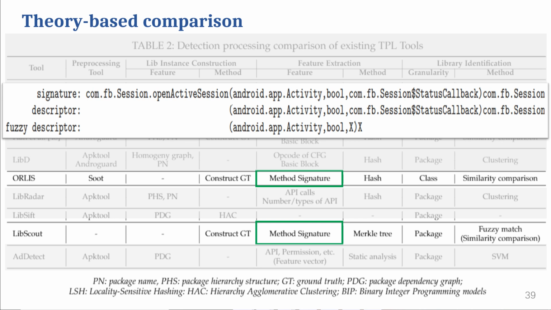Here we introduce the fuzzy method signature. Consider an original method signature like this.